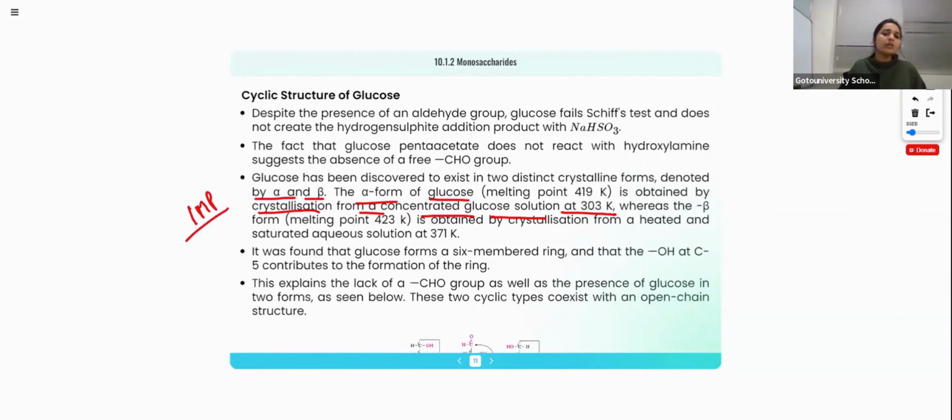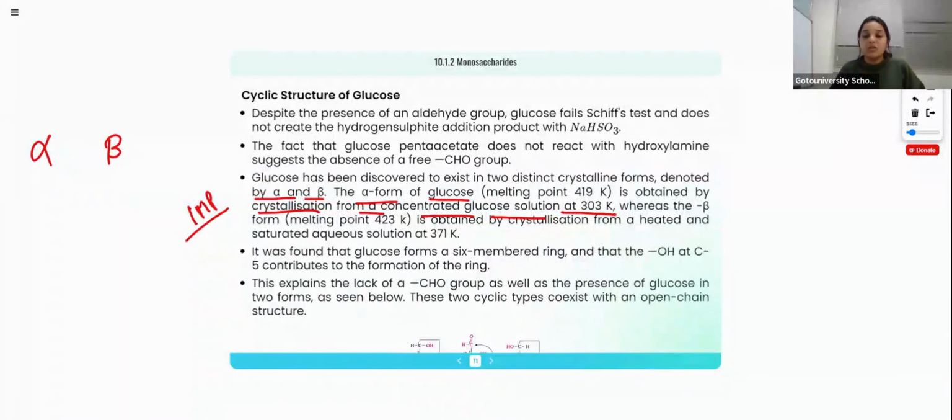How is the alpha form obtained, and how the beta form? Take the concentrated solution. Concentrated solution means we are not adding too much water. From the concentrated glucose solution, we do crystallization. Then the glucose we get is the alpha form of glucose.